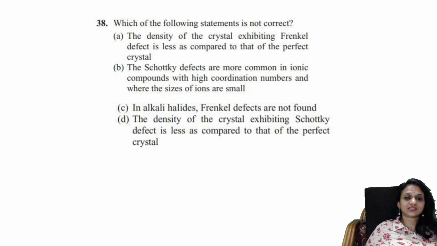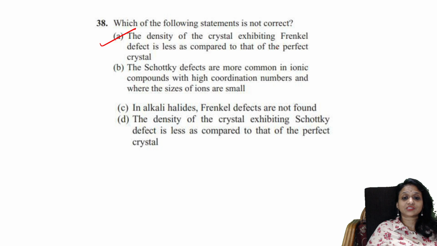Now, 38th question. Which of the following statements is not correct? They said which is not correct. All right. Now, let us see one question. One and eliminate it. The density of the crystal exhibiting Frenkel defect is less compared to that of a perfect crystal. No, wrong. This first statement only is wrong. Correct, no, students? Whenever there is a Frenkel defect, automatically the cation moves out of the lattice and they will be tensed.